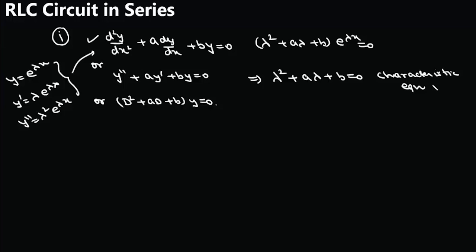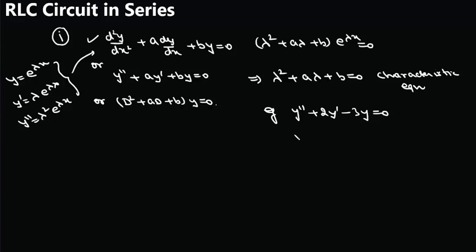So the first step is to write the characteristic equation. It's a very simple step, and we can do it just by looking at the differential equation. For example, suppose the equation is y double dash plus 2y dash minus 3y equals to 0.